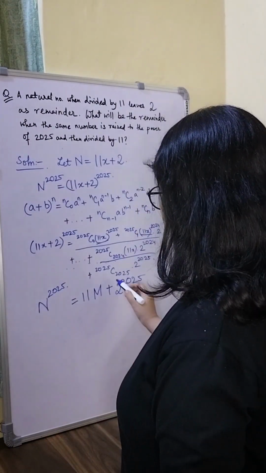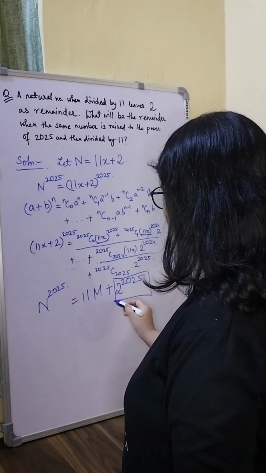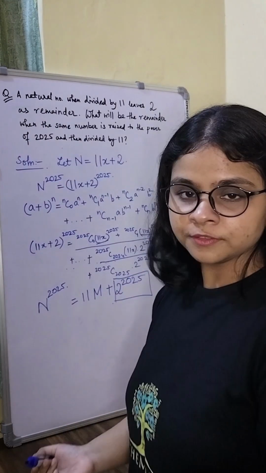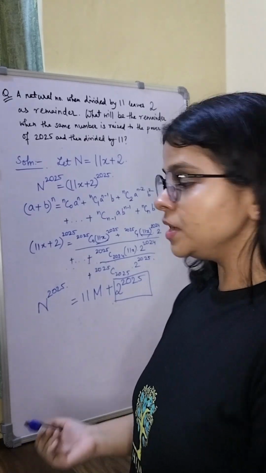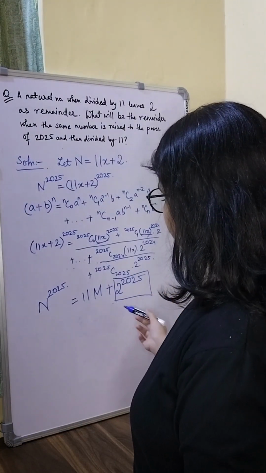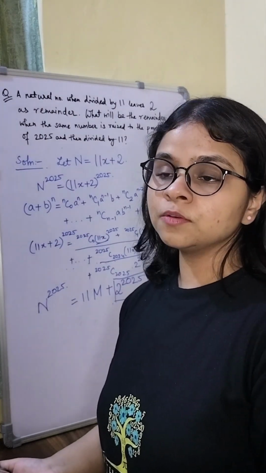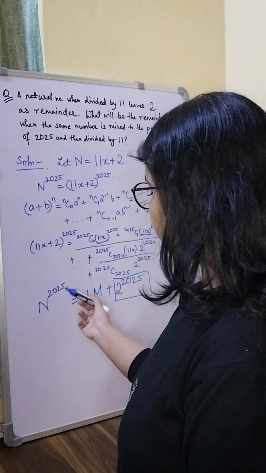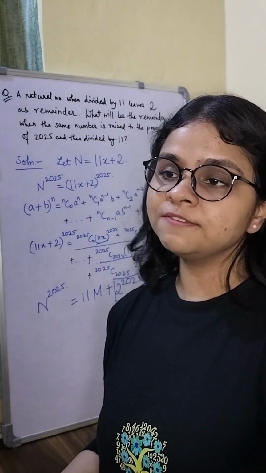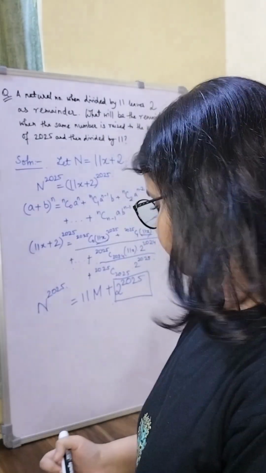Now, our problem is decoding this 2 to the power of 2025, right? Because when we are able to decode this, then only will we be able to find what the remainder would be when this N to the power 2025 is divided by 11. Alright?